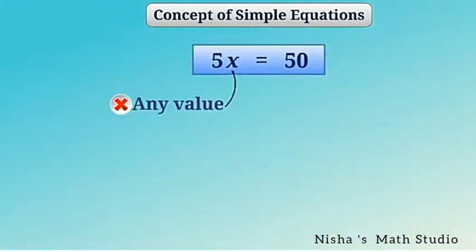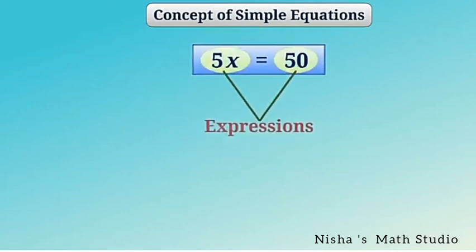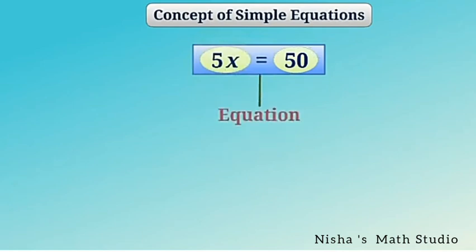So here, can we try any value for x? No, isn't it? Because there is a specific value of x which when multiplied with 5 should give us 50. That means two expressions should have equal value. Such an expression which put a condition on the value of the variable is called an equation.